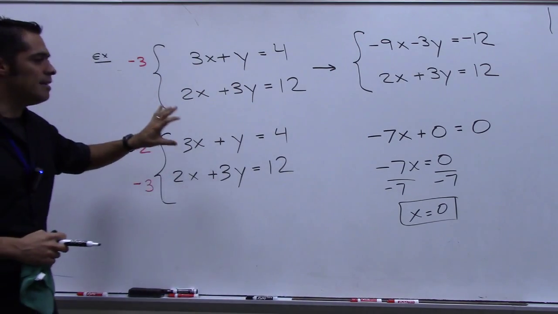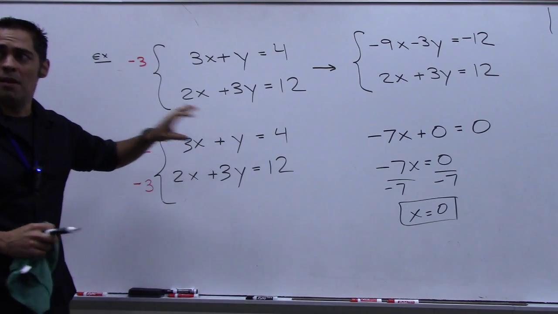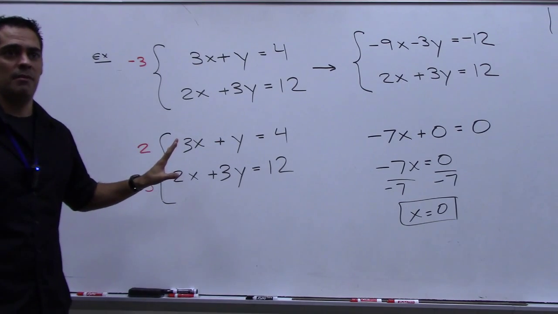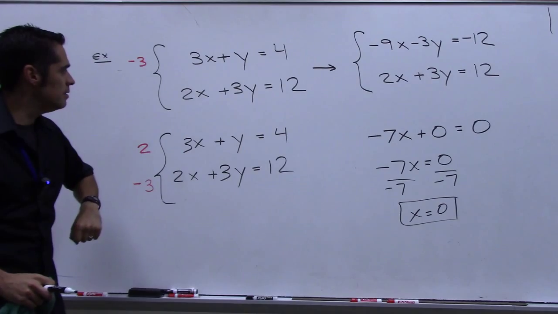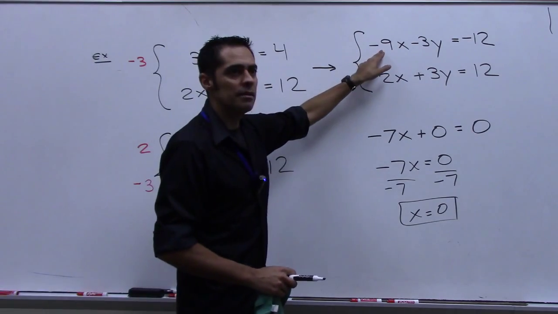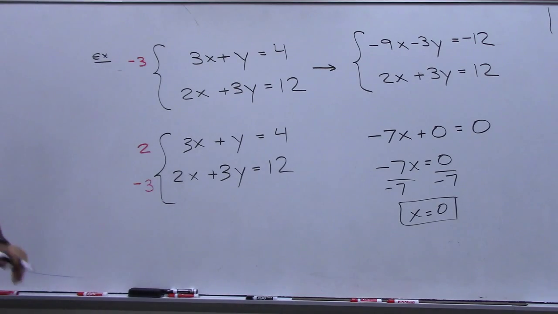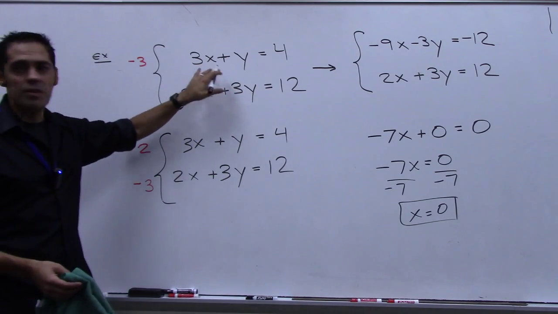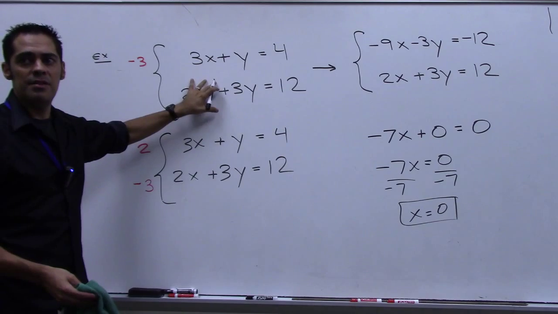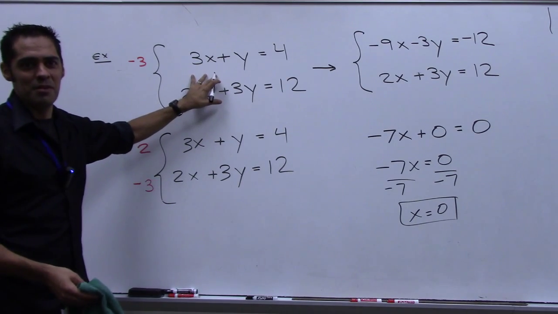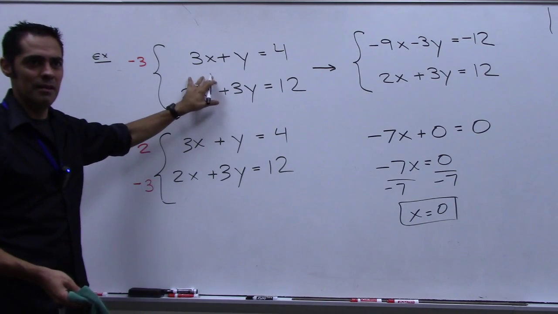So I need to grab one of them and use one of them. The one that you use can be any of them. I could use this one right here. I could use that one right there. I could use this. It does not matter which equation I grab now. But the common rule of thumb is to go back to the original system because you know there are no mistakes in the original system because that's the way it was given to you, right?